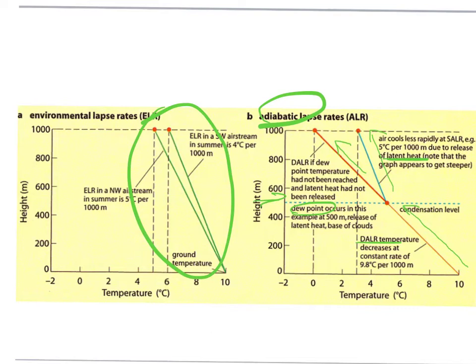This red line, the dry adiabatic rate, would mean that it would cool and keep cooling and start sinking, but because it's reached condensation level, this air will now keep rising and form more cloud formation, because it's less dense than the surrounding air because of its latent heat that's being released.